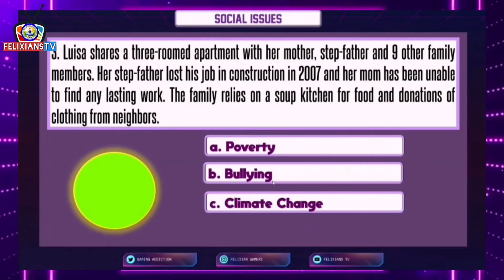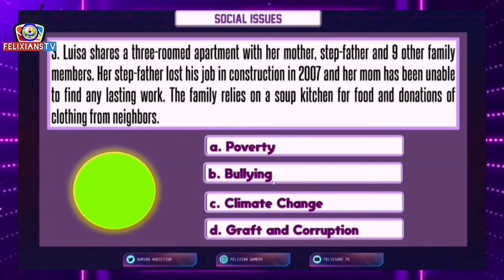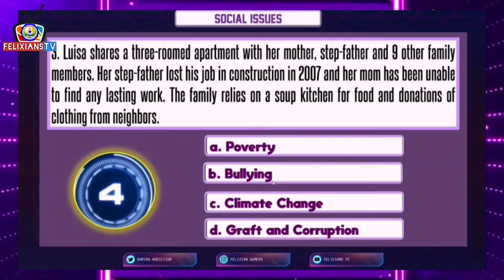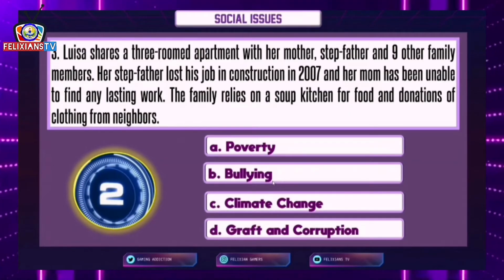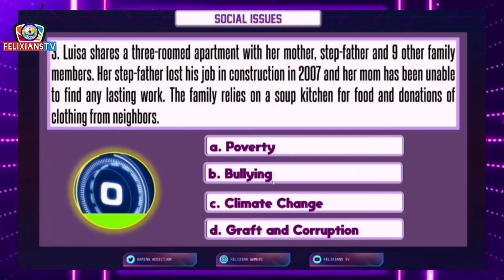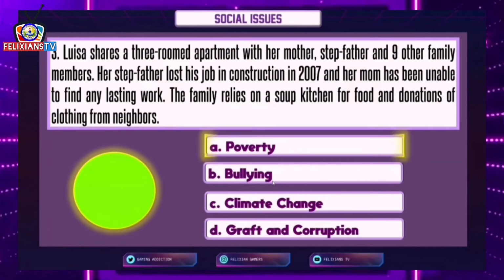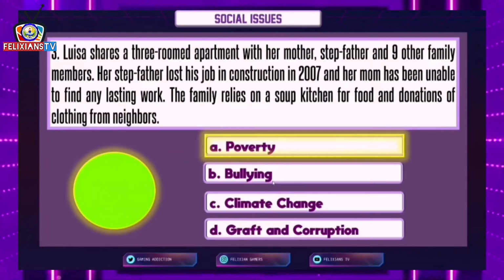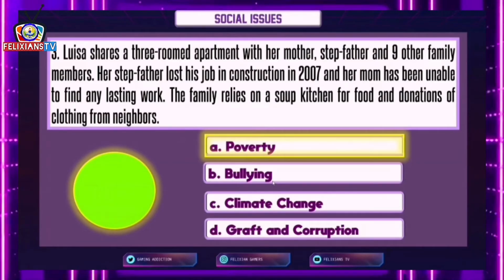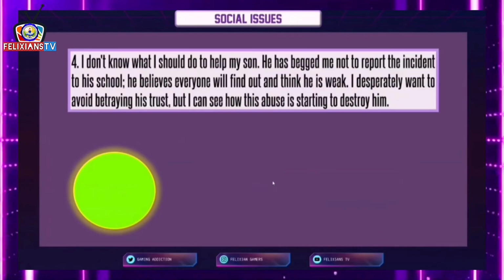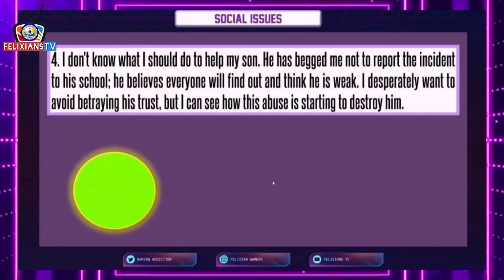C. Climate change. D. Graft and corruption. And the correct answer is letter A. Great! Number 4.